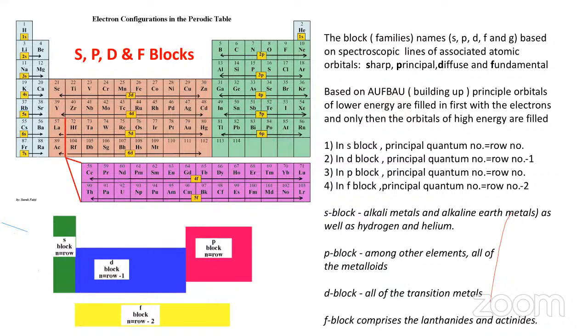I won't go into the details, just to say that the radioactive materials are in the f block. This is the lanthanide series, because the first element in this is lanthanum, and this is actinium, so the actinide series. We will talk about radioactivity and these elements.